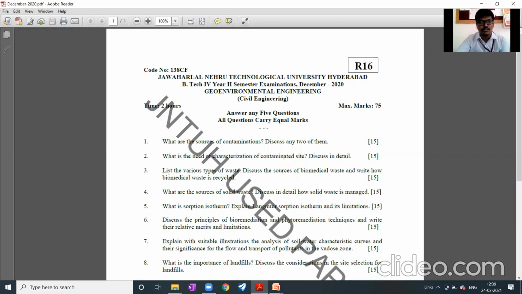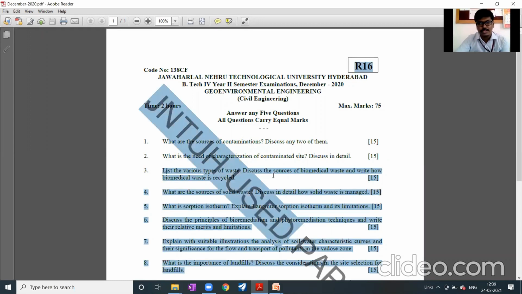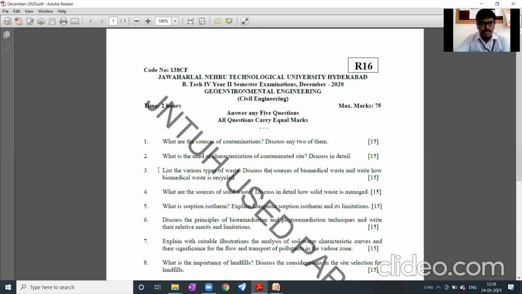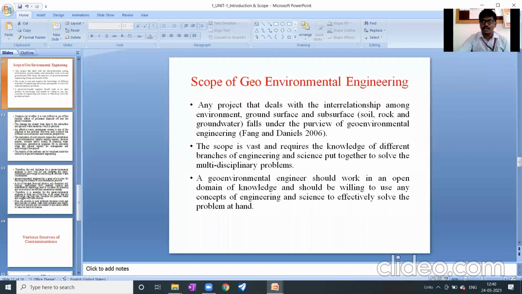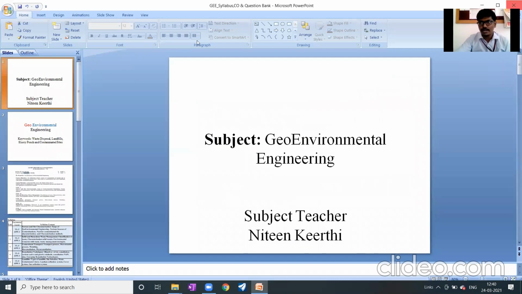And again, various types of waste, and discuss the sources of the different types of waste like biomedical waste, and write about biomedical waste and how waste is recycled. So I have just shown you one or two questions related to unit 1. In the same way, I'll be discussing at the end of the unit the previous year question papers and also the question bank related to that unit.